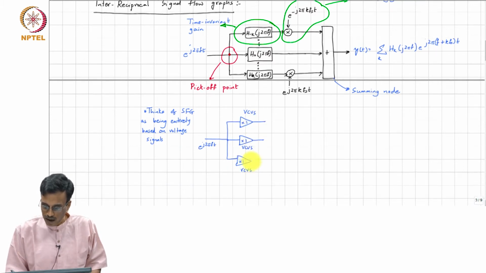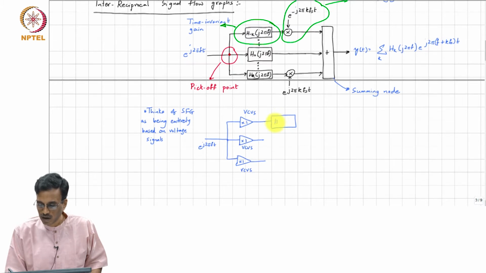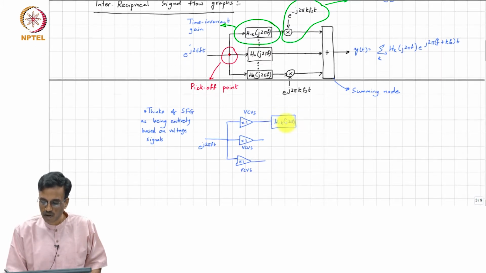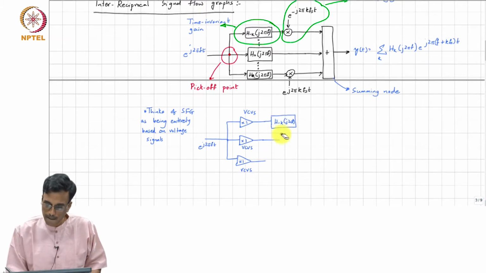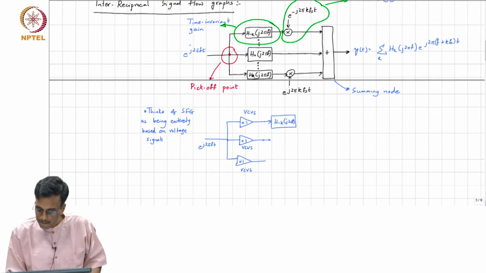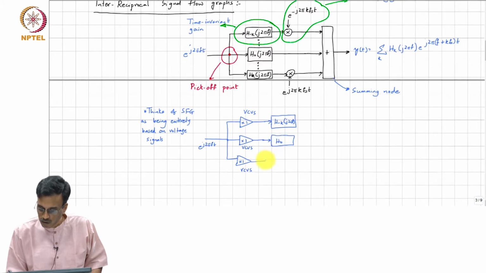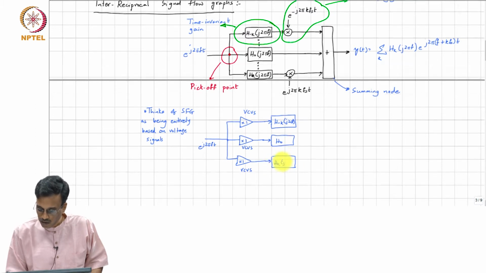This branch will be h sub minus k of j 2 pi f, this will be h sub 0, and this is h sub k of j 2 pi f.